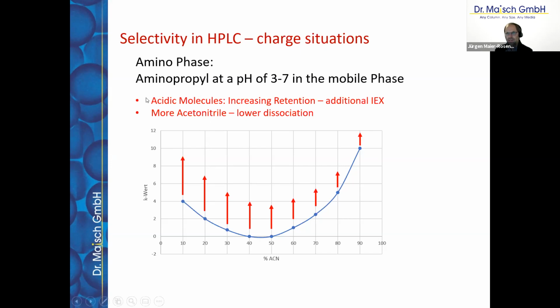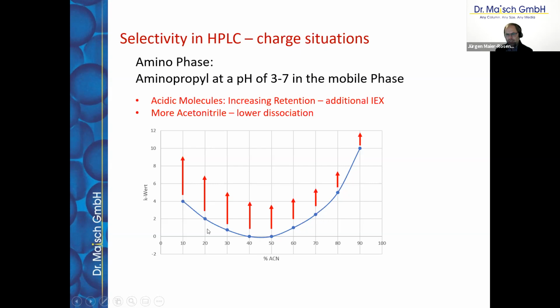So if we have acidic molecules, besides the reverse phase interactions on the left side or the HILIC interactions on the right side, we have additional ion exchange interactions, and therefore, like the red arrows showing, additional retention.